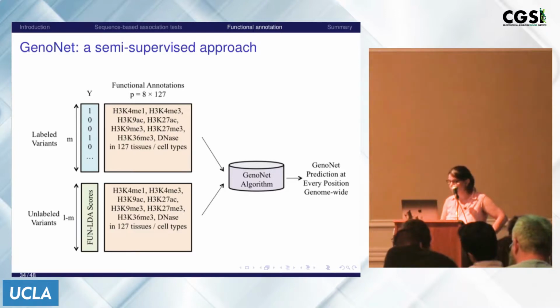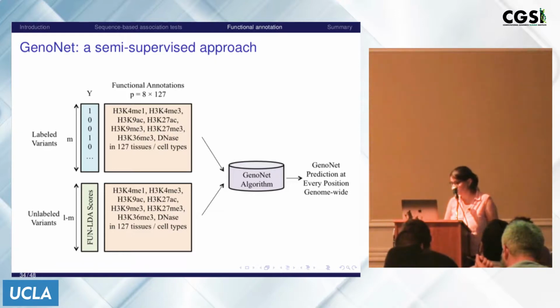But of course, we have predictions from some unsupervised approach, say the FUN-LDA approach. And then we have functional annotation data on a large number of features. In this particular implementation, we used over 1,000 different features. All this data goes into the GenoNet algorithm, and then we get a GenoNet prediction for every position genome-wide.